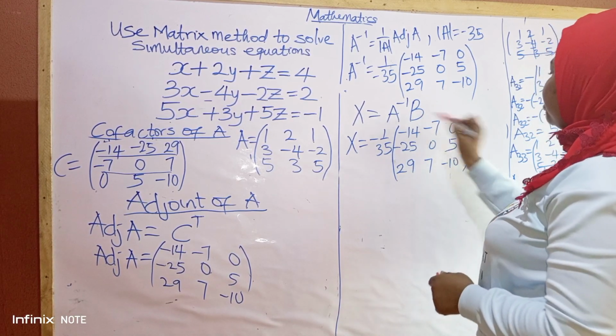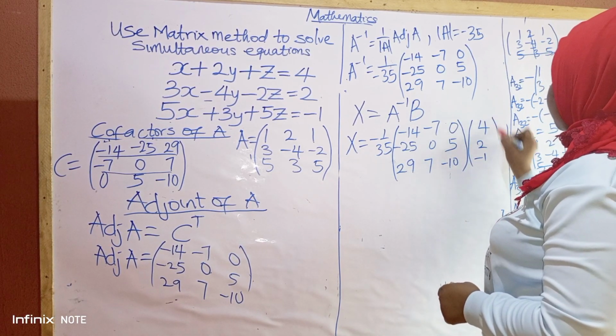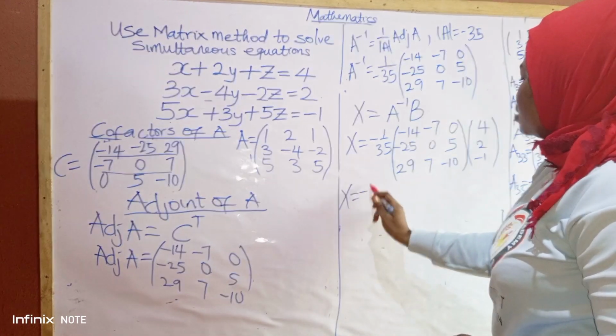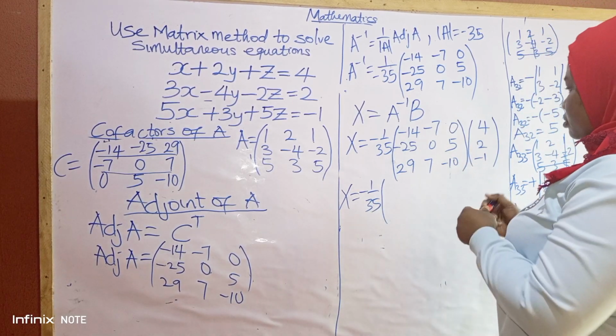Then multiplied by b, and our b is 4, 2, minus 1. So x will now be equal to minus 1 over 35. So let's multiply this one.